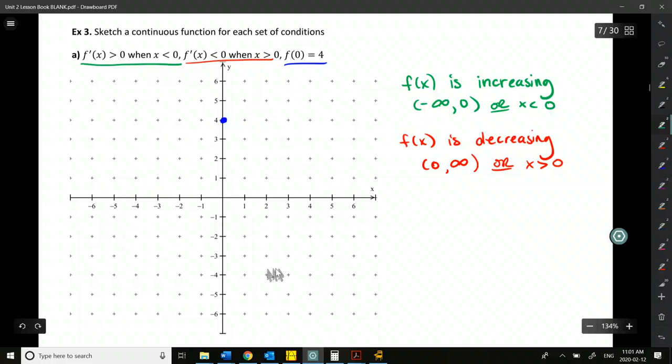So this must be a quadratic, right? If I'm just changing from increasing to decreasing, this must just be a curve where the vertex is up here. So here's my increasing section, and then here's our decreasing section.